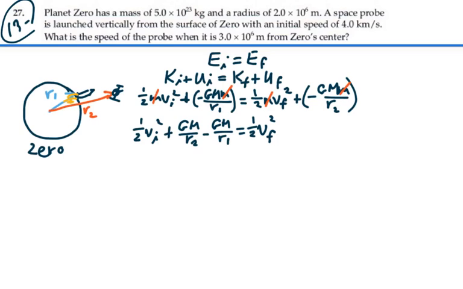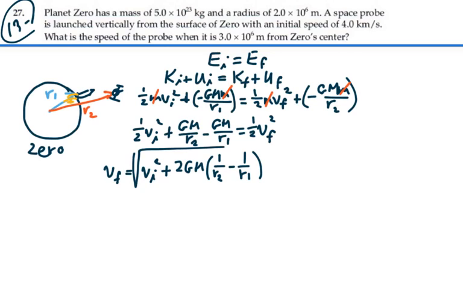Multiply both sides by 2, take the square root, so our final velocity is going to equal the square root of our initial velocity squared plus 2 times GM times 1 over r2 minus 1 over r1.